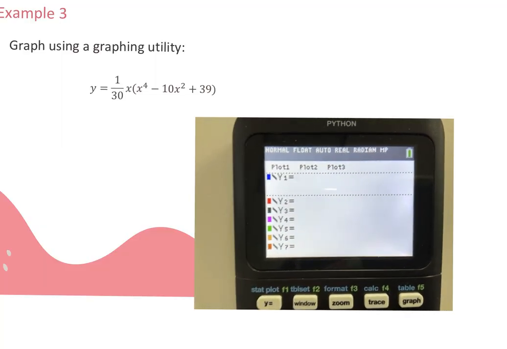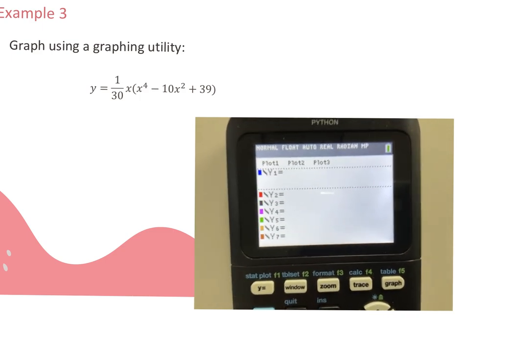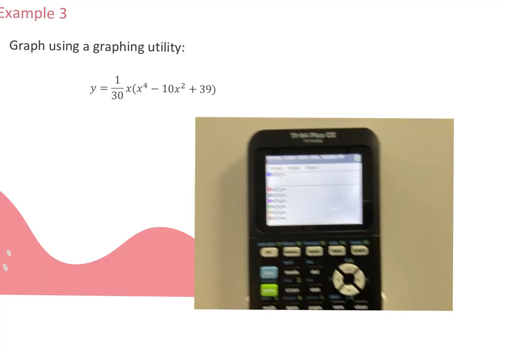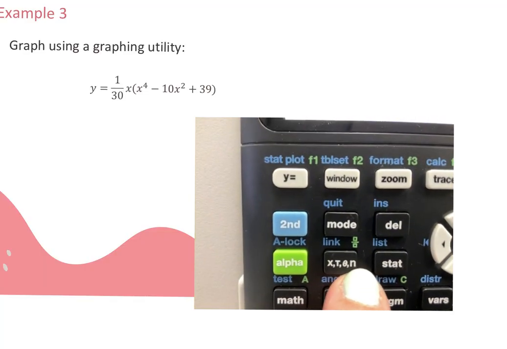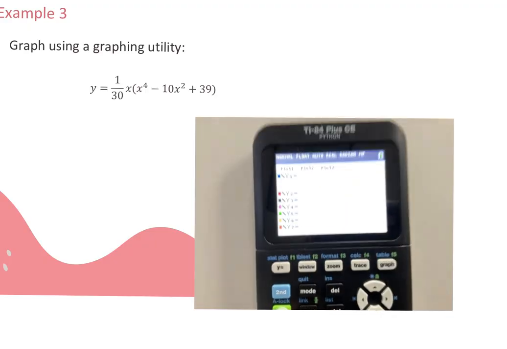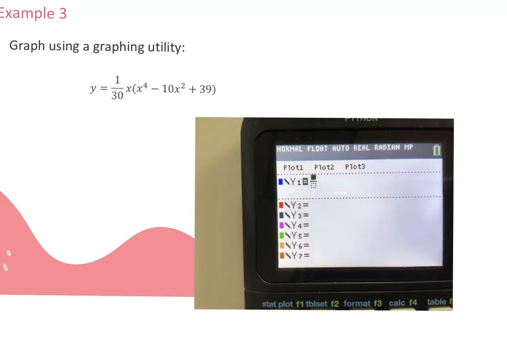The 1 over 30, there's like 4 different ways to type this in. You could literally do 1 dash 30, and then 1 slash 30, like divided by. A lot of you have a little shortcut over your x, t, theta, n button that looks like a little stacked green box. So you hit alpha and that little stacked green box, and it will give you the fraction.